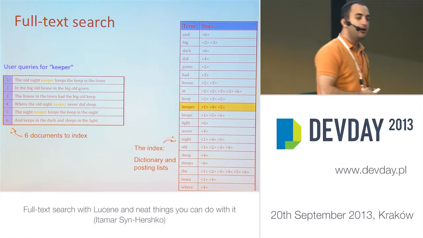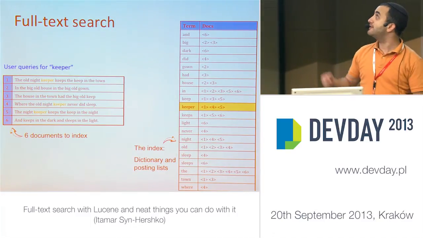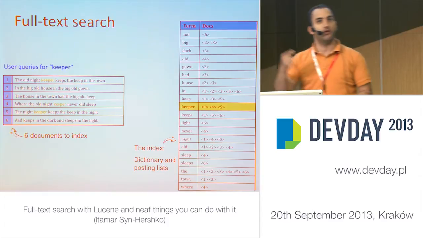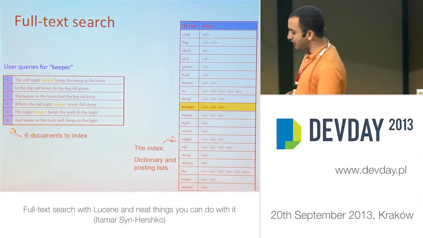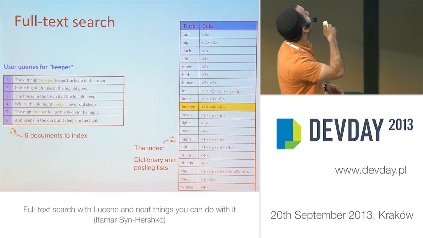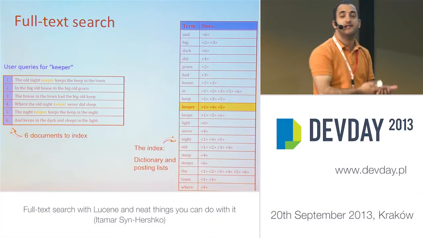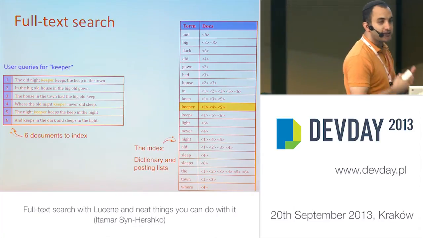Why? Because the search engine, when it does its magic, goes and finds the word in its exact form. I had one assumption here that is not highlighted. I did lowercase everything. After I split the words on spaces, I took the words and made them lowercase. But that's one thing I did.